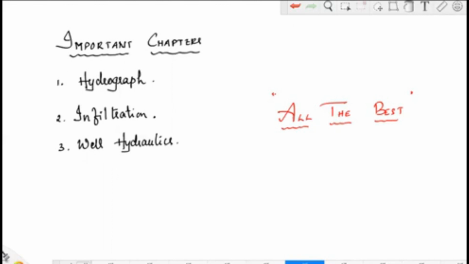Because of minor mistakes only, many of my students say, sir, I lost 10 marks, I lost 8 marks. Minor mistakes mean in units and all. Even for easy questions, sometimes you make mistakes, because you become overconfident.